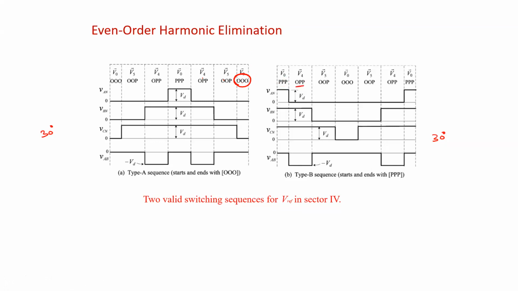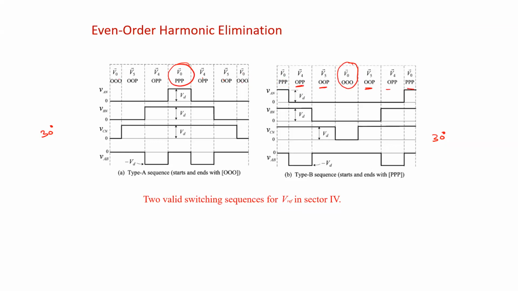So we have the V4 vector here, the V5 vector, and then the V0 vector. If you notice, in the middle you have PPP. In the type A sequence, for 0 to 30 degrees, in the middle you have 0, 0, 0.